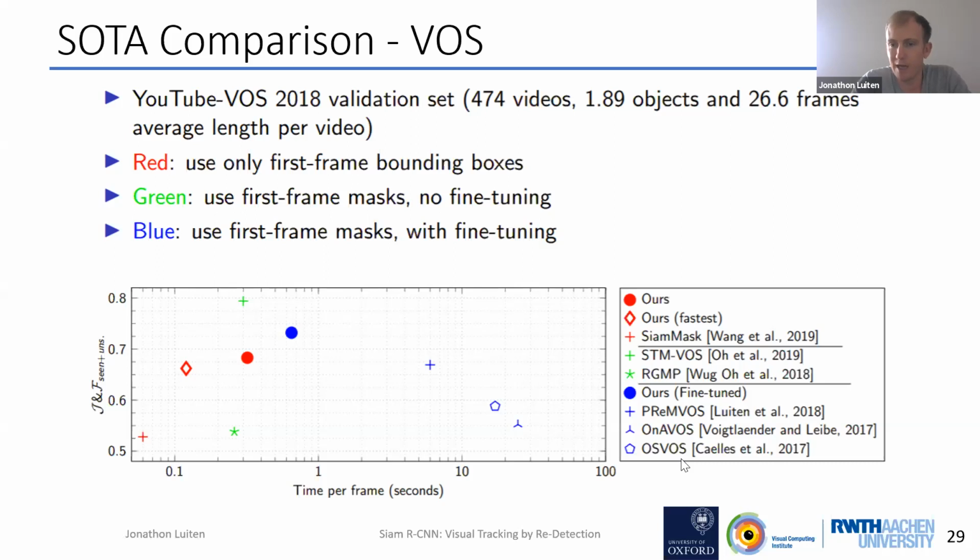In my previous work, PreMVOS, is this one, which we've gotten slightly better than in this method here, it was much slower, and it showed that fine-tuning, especially the segmentation on the first frame that you're given, can improve the results. So again, we showed that we can get slightly better results using our tracker and fine-tuned segmentation network.